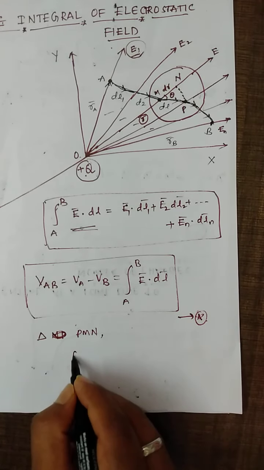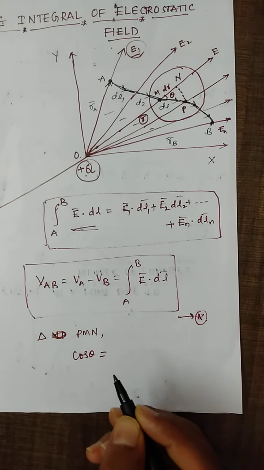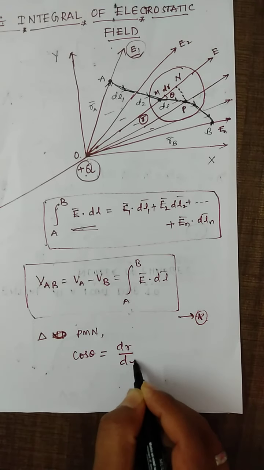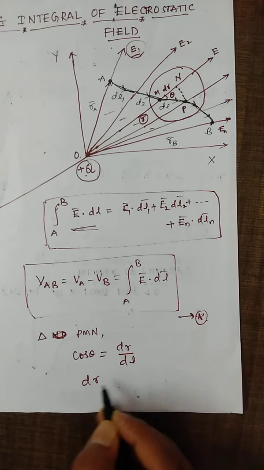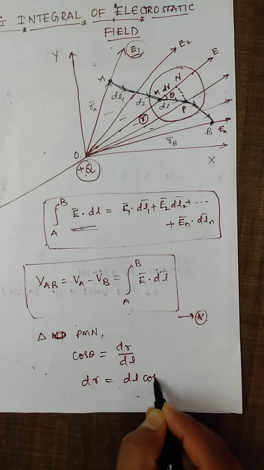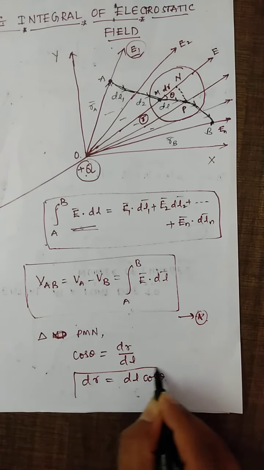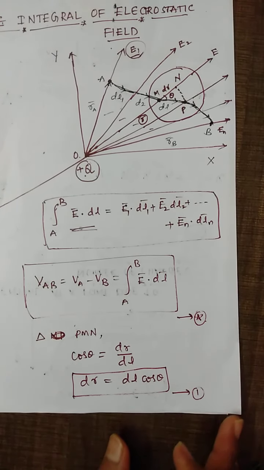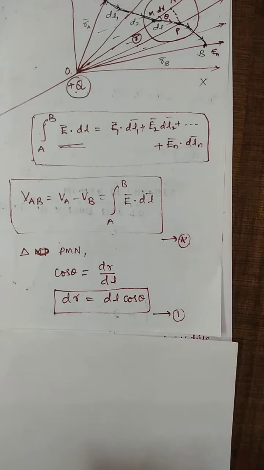From triangle PMN, what can I write? Cos theta is equal to dr divided by dl. So dr is nothing but dl into cos theta. This is one point you have to note. This is equation 1 you can take.